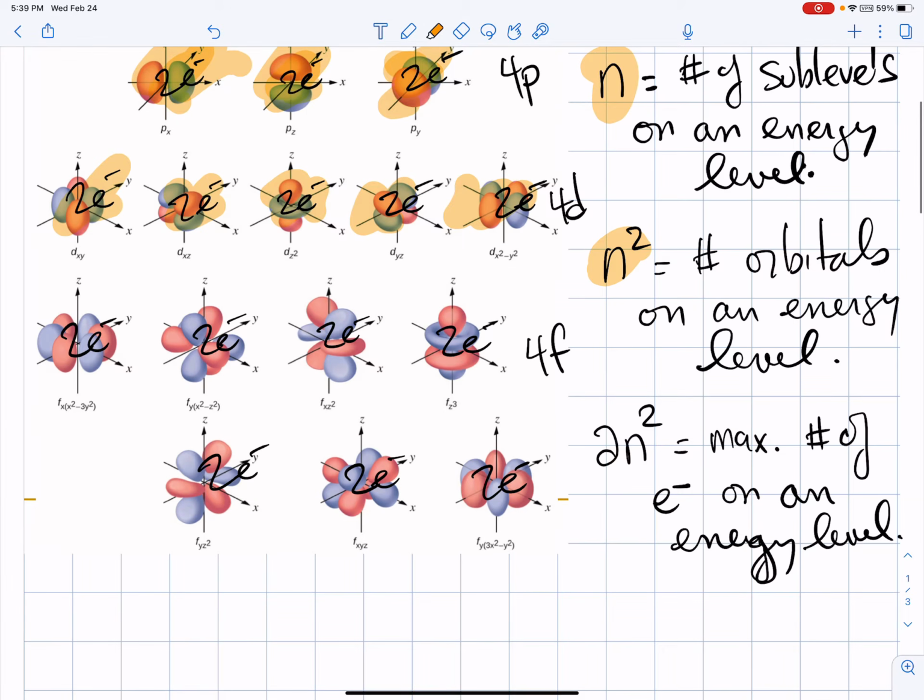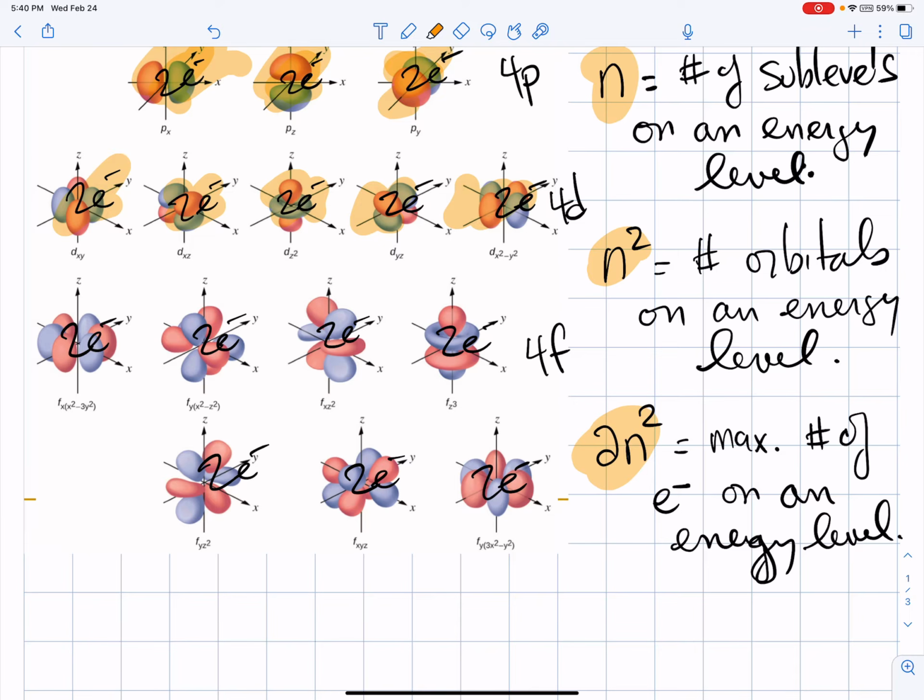But Pauli's exclusion principle told us that each orbital can hold a maximum of 2 electrons. So if there are n squared orbitals, and each one can hold 2 electrons, 2 times n squared must give us the maximum number of electrons that are on each energy level.